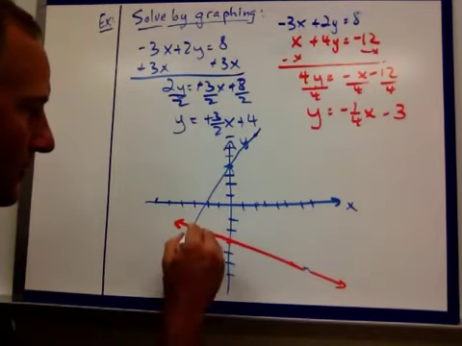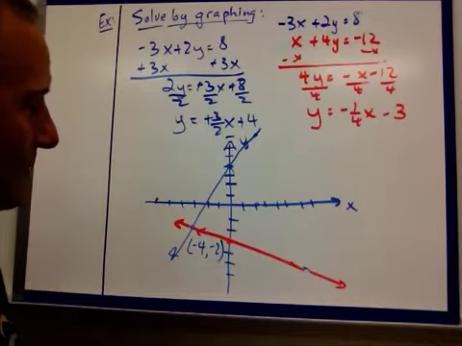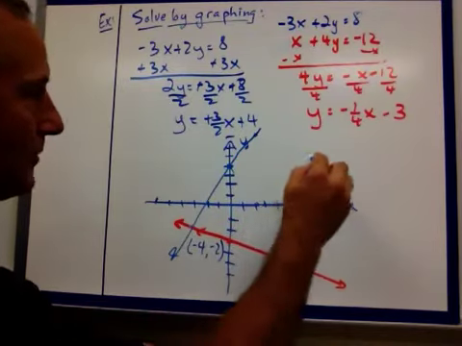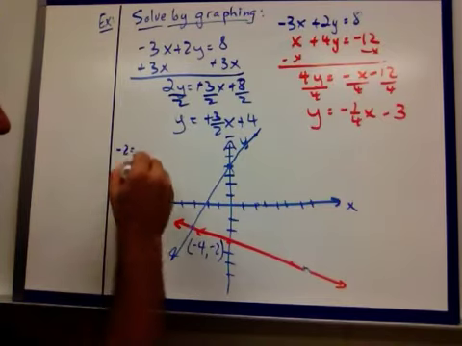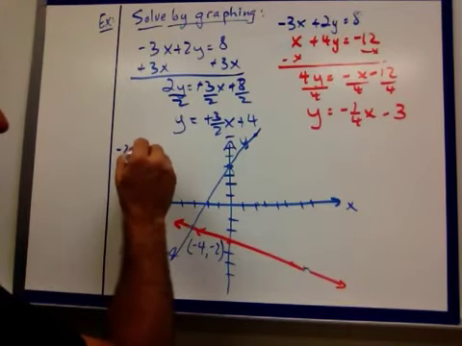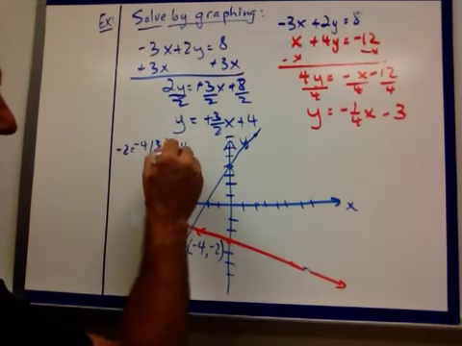So what are we looking at here? 4, negative 2. Okay, and you can check it. Does that work? If I took this equation here, negative 2 is my y. 3 halves times 4, that's 6, minus... actually, negative 3 halves times 4 is negative 6, plus 4.